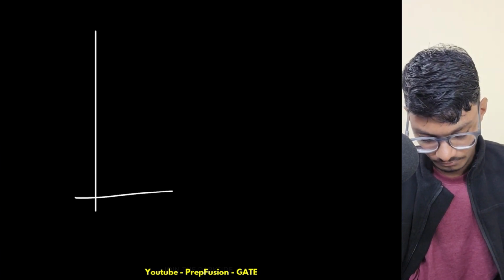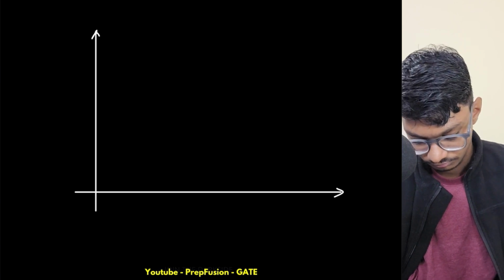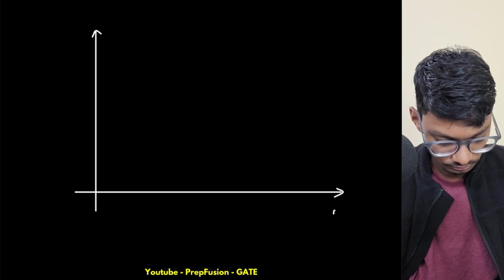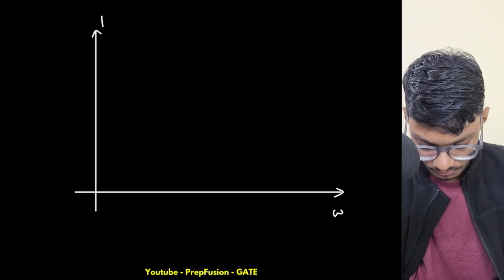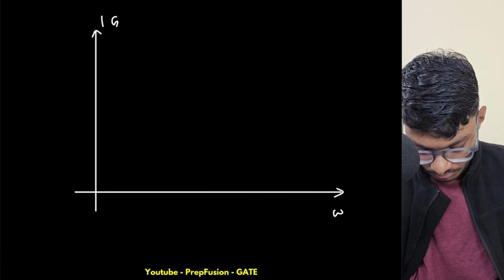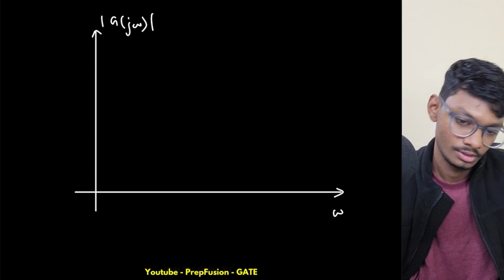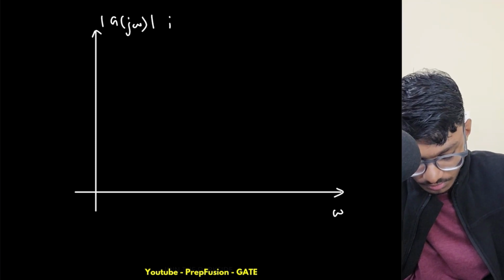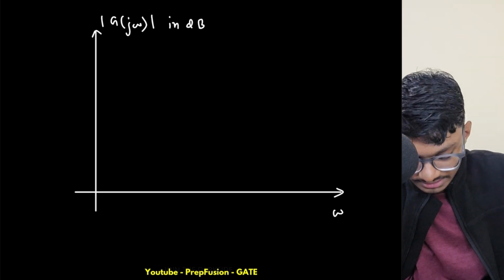So here, omega and the magnitude of G(omega) in dB. And from where is it starting?